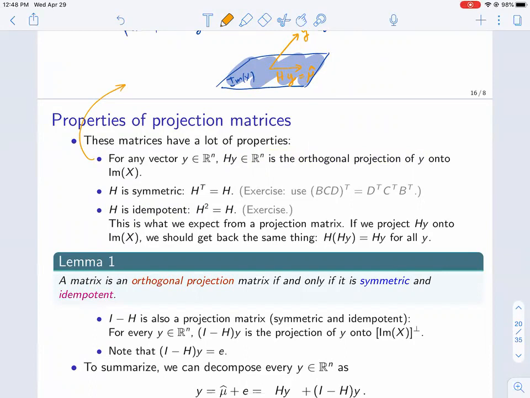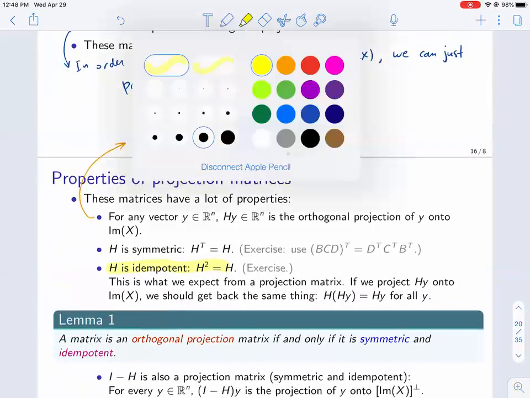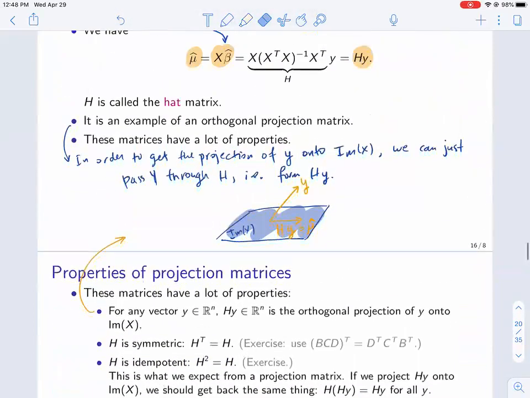So this idempotency is what you expect from a projection matrix. If I have a projection matrix, what happens if I project something onto the image twice?